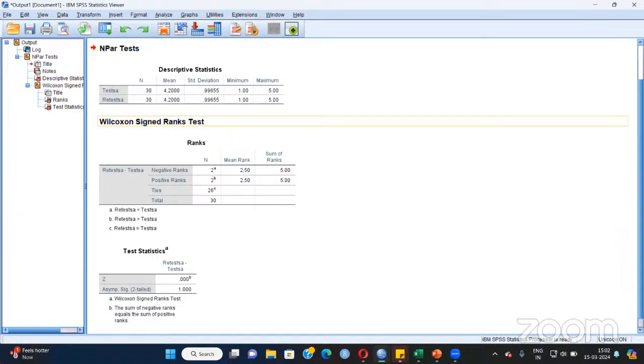Therefore, this is my suggestion: always give importance to the research design.